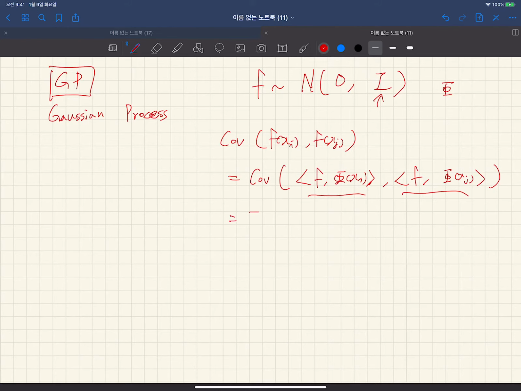This is essentially the expectation of phi(xi) transpose f f transpose phi(xj).